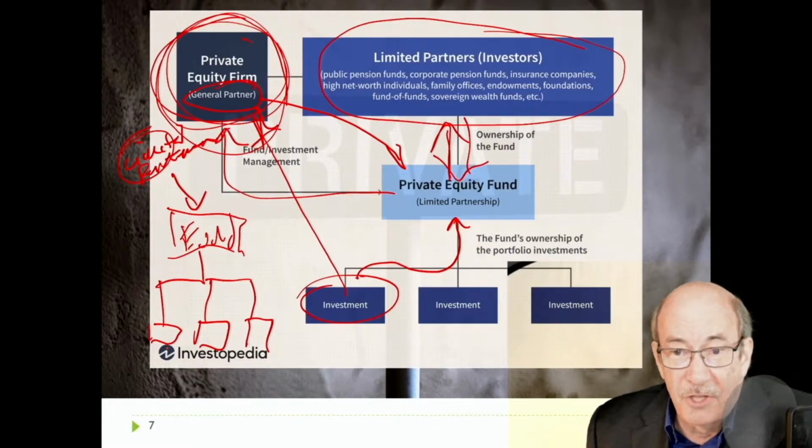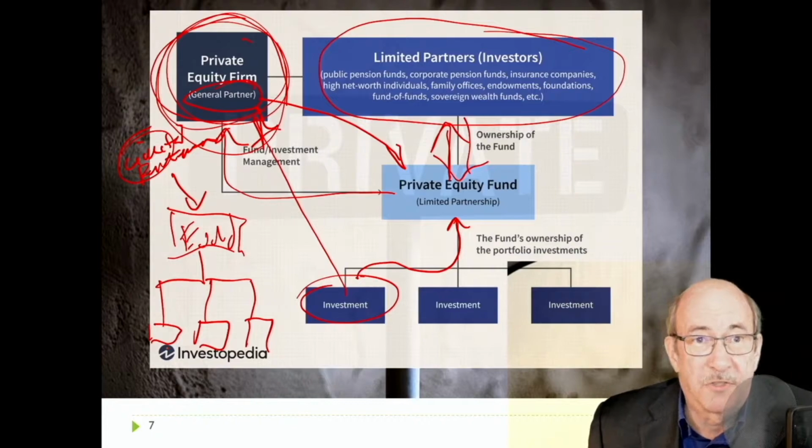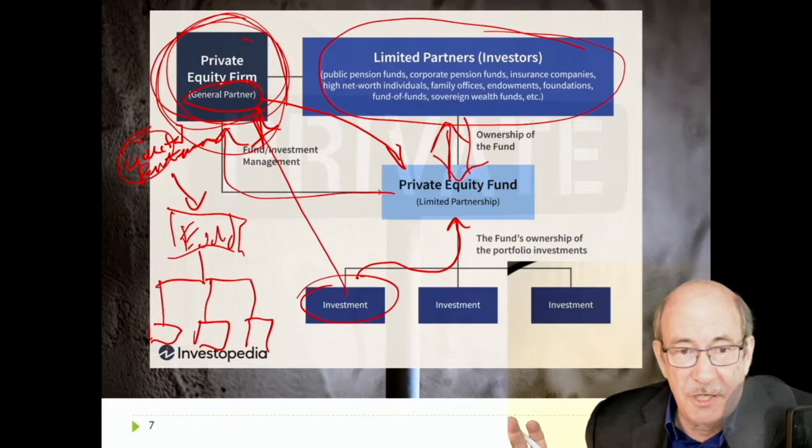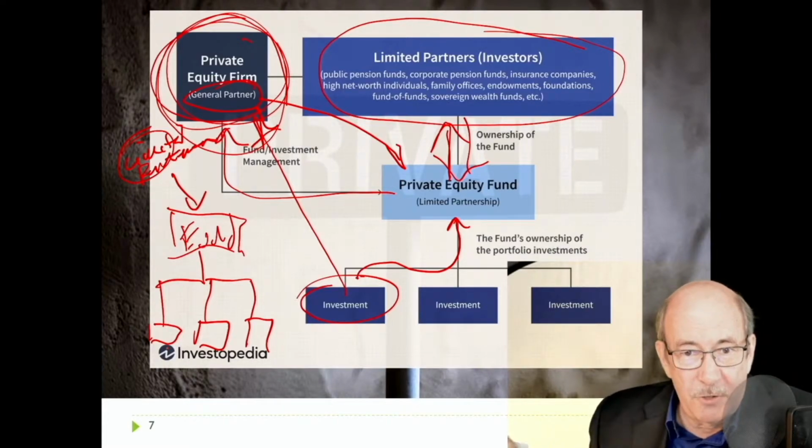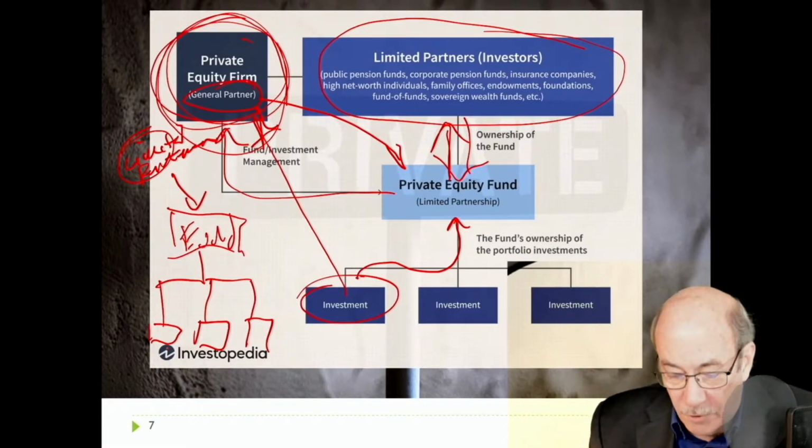So you can think of the private equity general partners as not only getting the profits that the limited partners share in, but they're also dipping into a few other cash flow streams out of these portfolio companies.